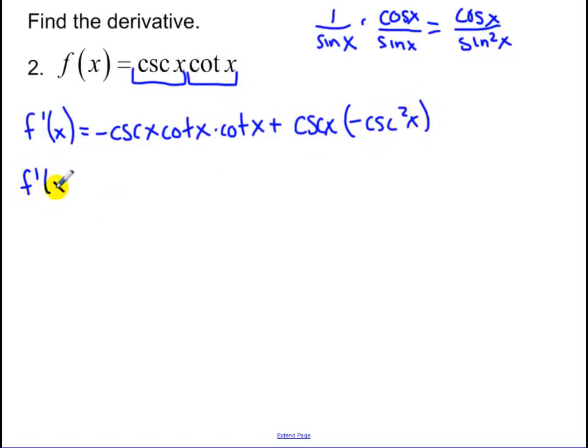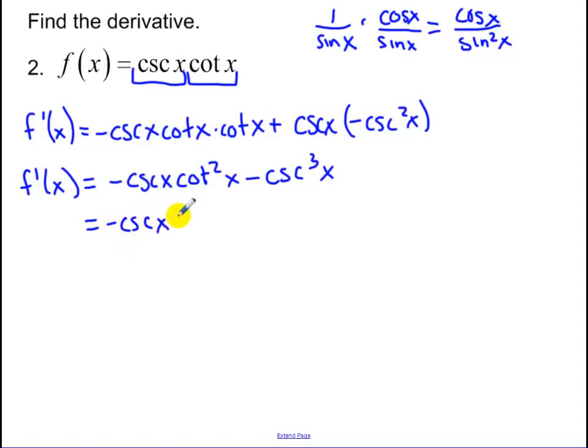Now, I do want you to do some simplification here. We have negative cosecant x cotangent squared minus cosecant cubed x. I wonder if anything could happen if I factor out a negative cosecant. That's going to leave me with cotangent squared x plus cosecant squared x.